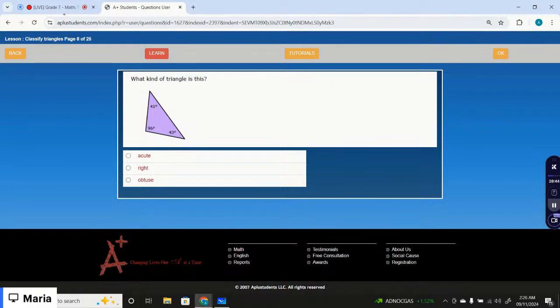What kind of triangle is this? 96 degrees, 43 degrees, and 41 degrees. Which is the correct option?